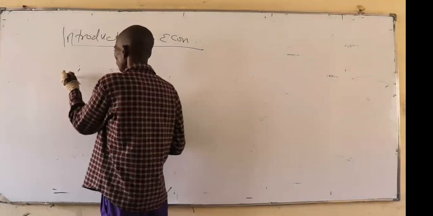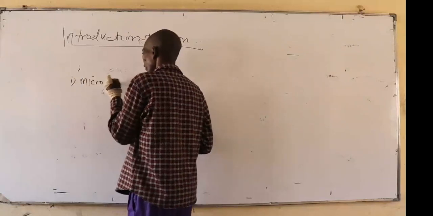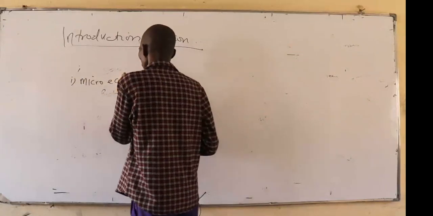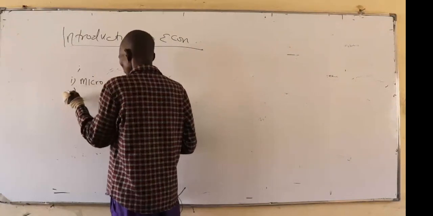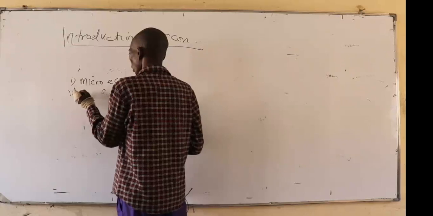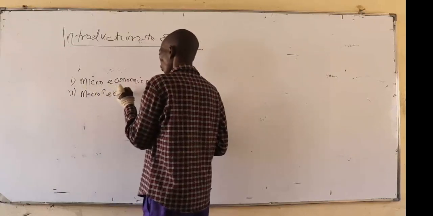Semicolon. 1, microeconomics. And number 2, we have what we call macroeconomics.